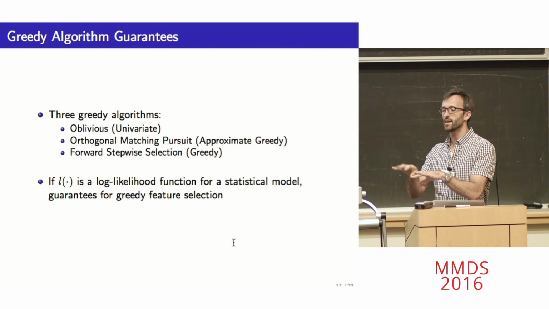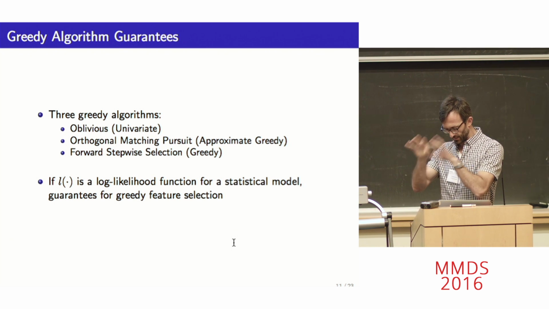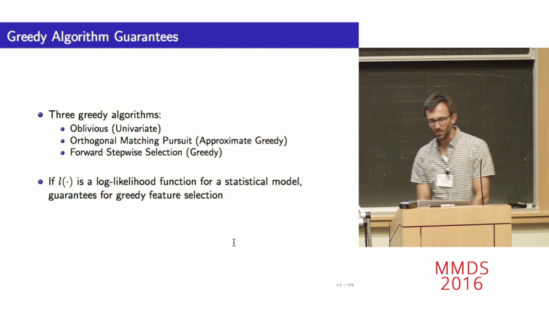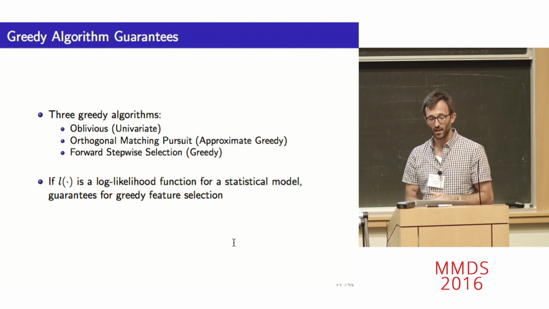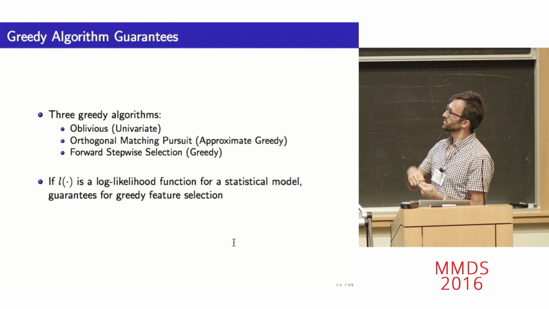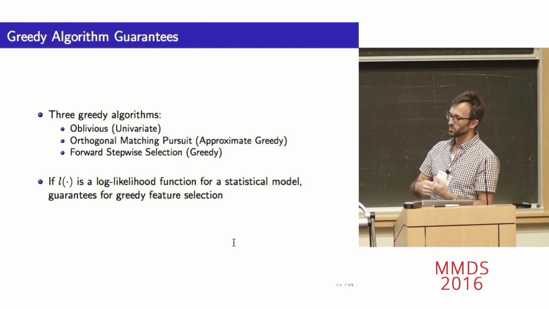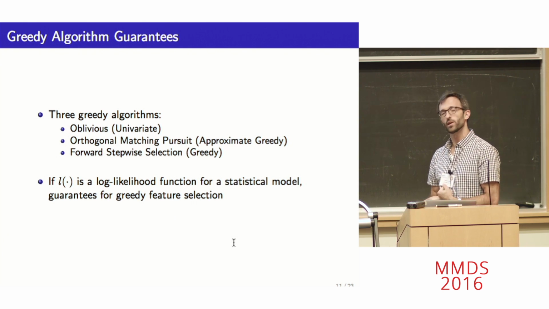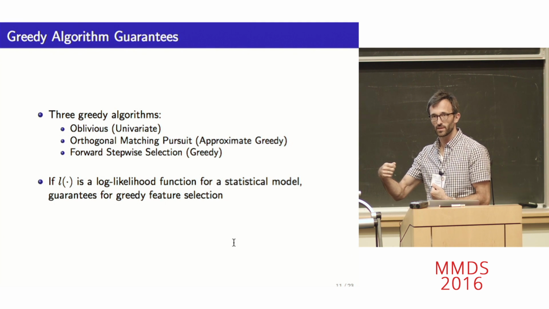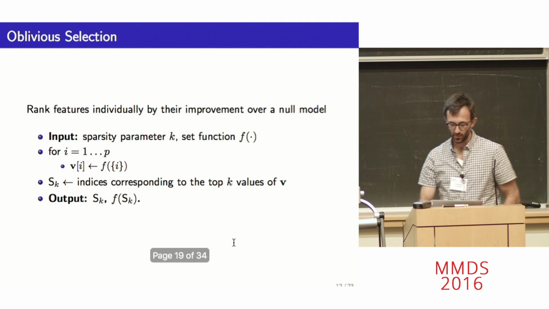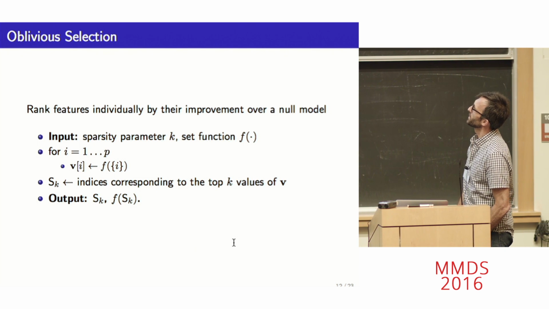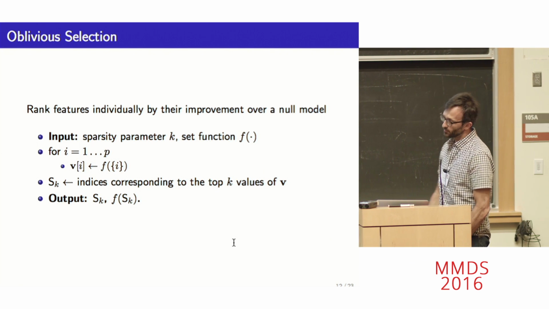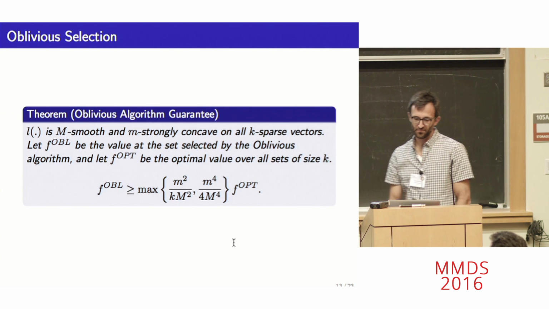And then it takes the k best ones. This is different from what we would naturally think of as the greedy algorithm, the third bullet point, where you add the first one, which is going to benefit you the most, and then with that first one already in your pocket, you see which is the second one that would benefit you the most, and so on. This just defines what Oblivious Selection is.